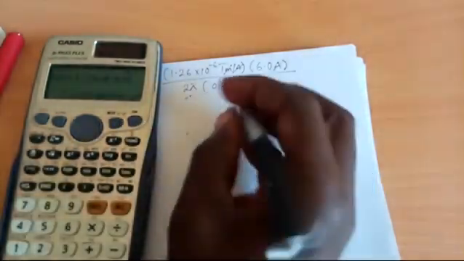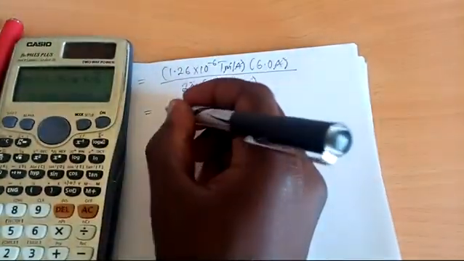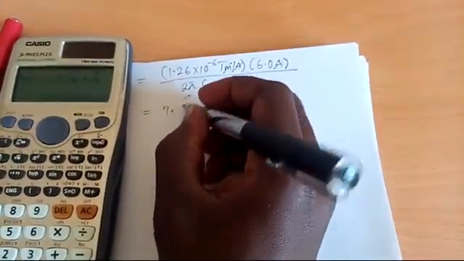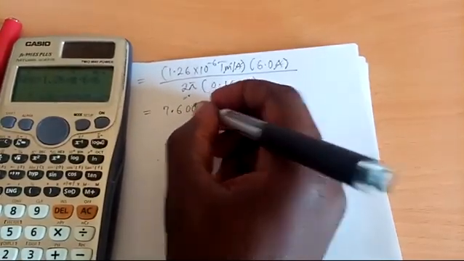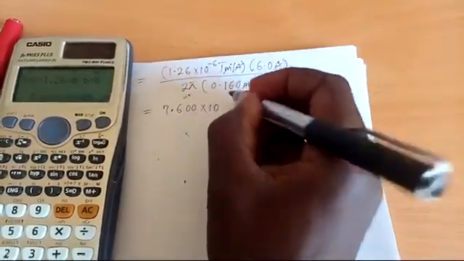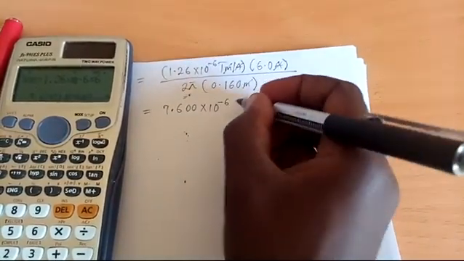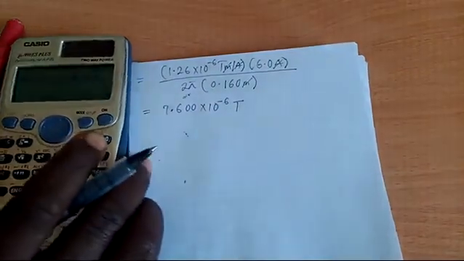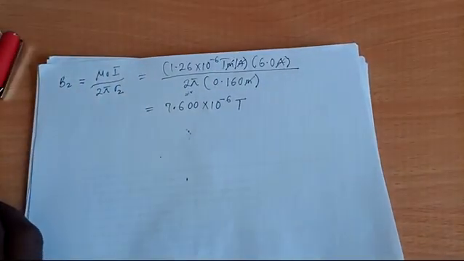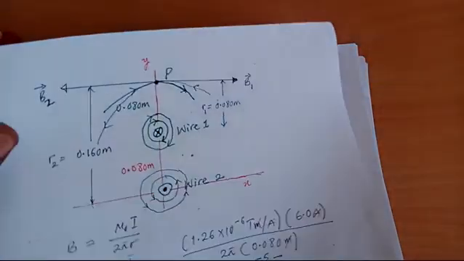So I have my answer as 7.600 times 10 raised to the power of negative 6 in Tesla. This is magnetic field. Now let me bring the diagram again to get the resultant.